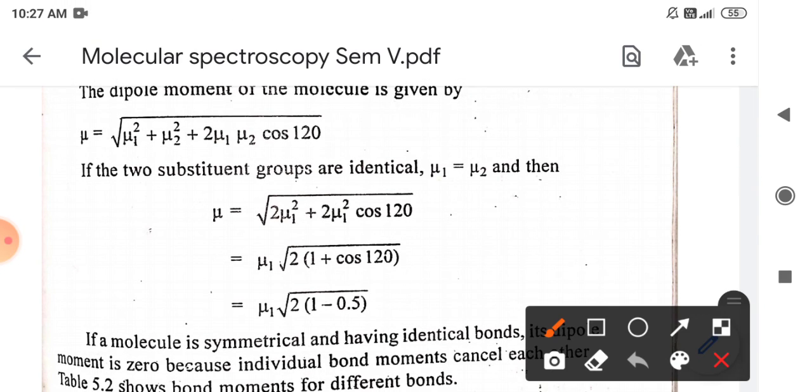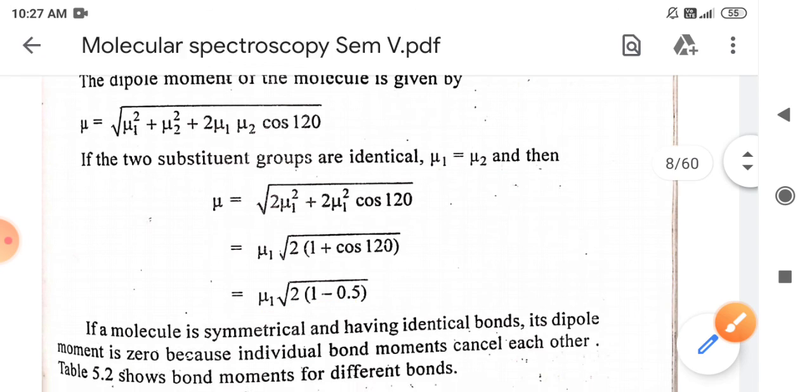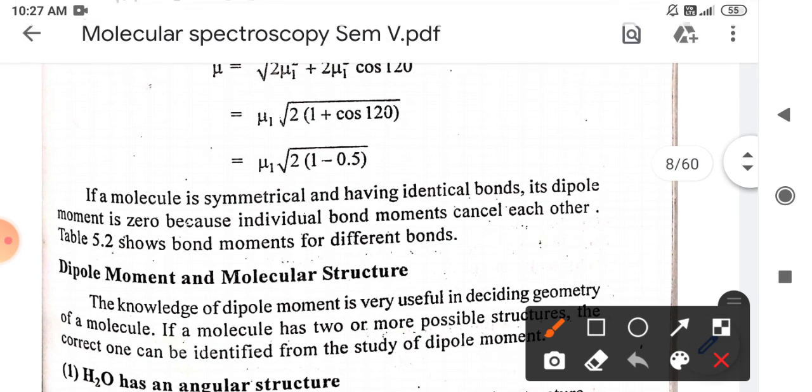If we again consider the two substituents to be identical, then mu1 equals mu2, that is, the bond moments of the two substituents are equal. So mu becomes the square root of 2 mu1 square plus 2 mu1 square into cos of 120. Now we simply substitute here, and finally we get the value of around 1.